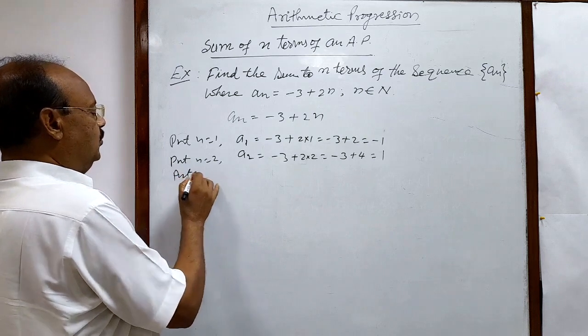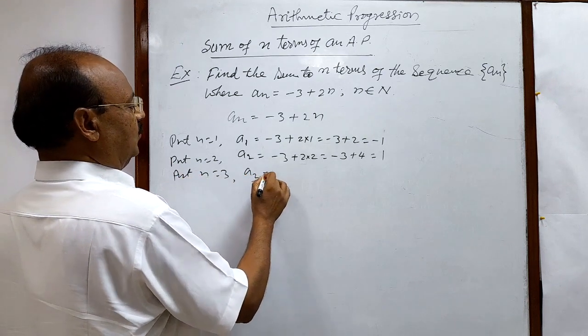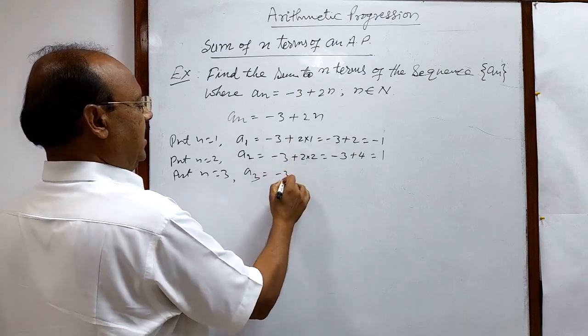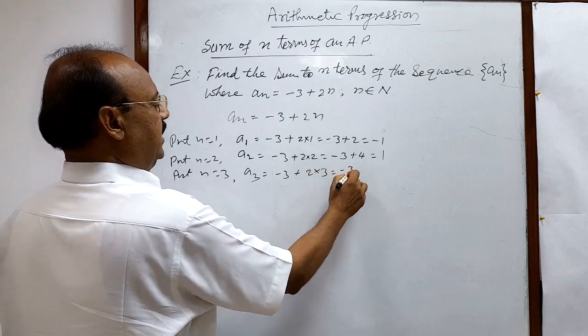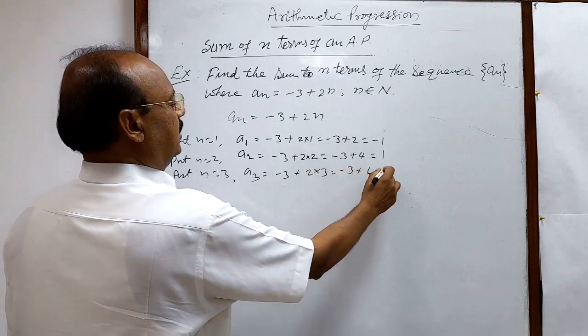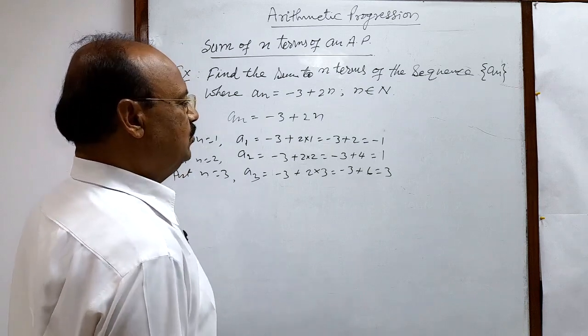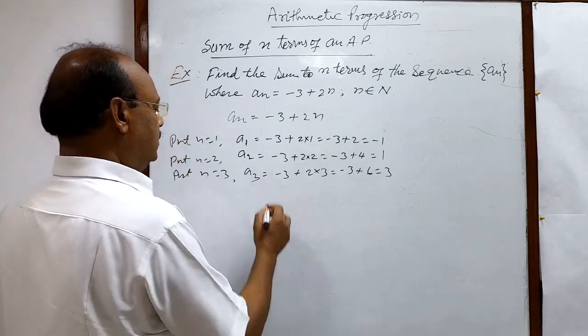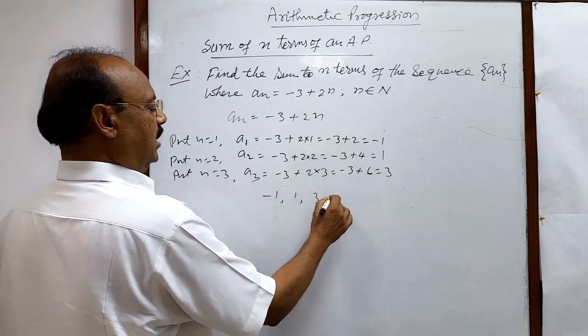Similarly, when we put n is equal to 3, we can get a3. And a3 will be minus 3 plus 2 into 3, this is equal to minus 3 plus 6 and this is equal to 3. So the sequence which we are getting here is minus 1, 1, 3 and so on.